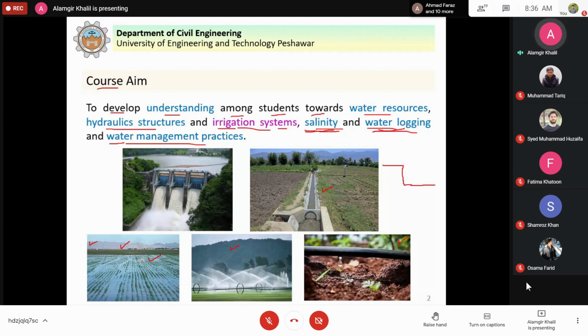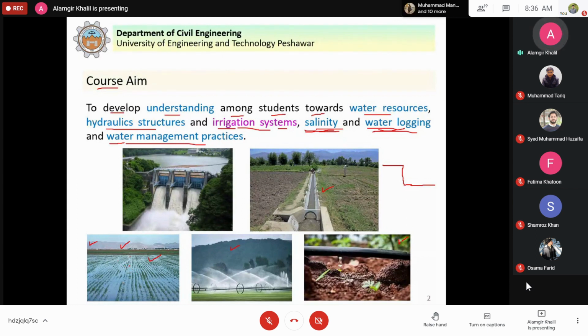For example, free flooding. You just flood the agriculture area with water. So the problem here is that the water which is supplied is not all used by the crops. Consequently, the irrigation efficiency is low, meaning that you supply more water but less is used by the crops. So here we have enormous wastage of water in the conventional methods.